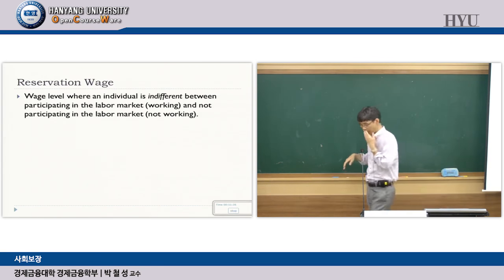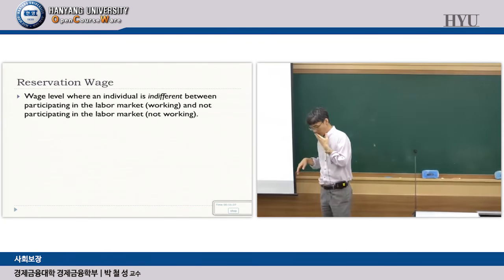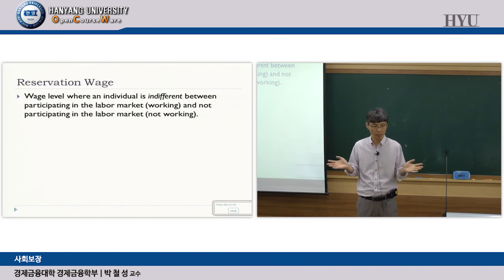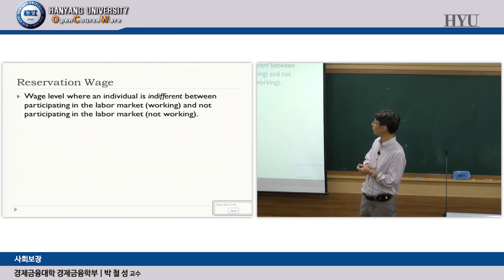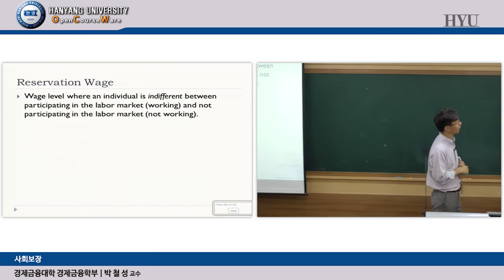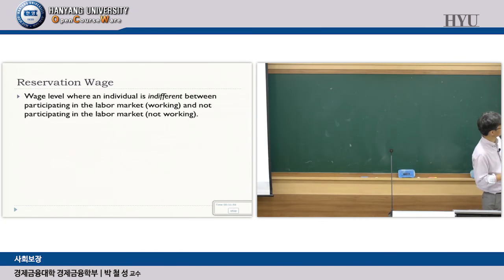But if you think about the perfectly competitive labor market, the person should be working if the person is participating in the labor market. So I'm just saying working. Working and participating in the labor market are pretty much the same in this sense. So it's the wage level where an individual is indifferent between working and not working. That's the threshold. It's like a psychological threshold.